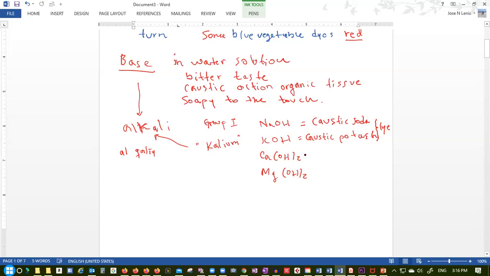This one, calcium hydroxide in solution, is commonly called lime water.